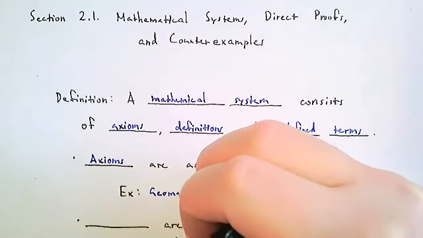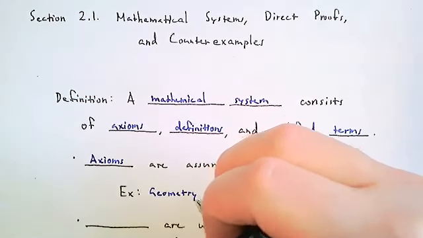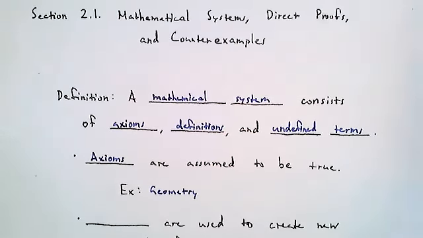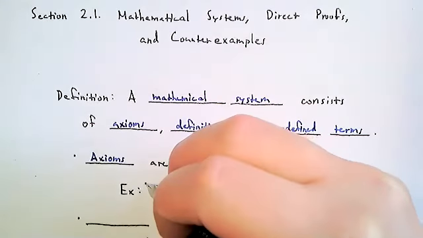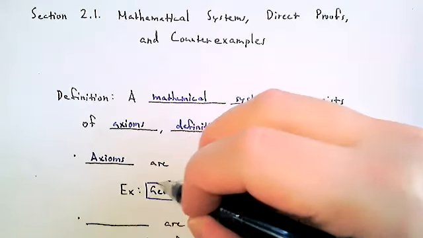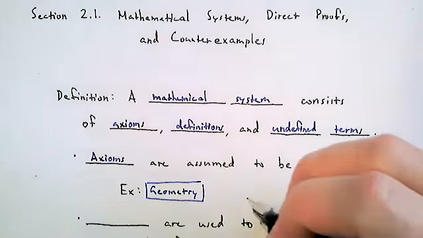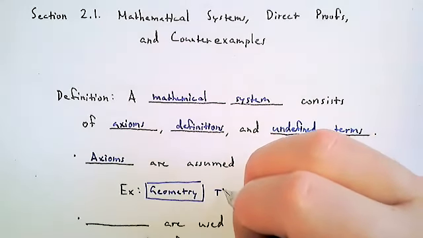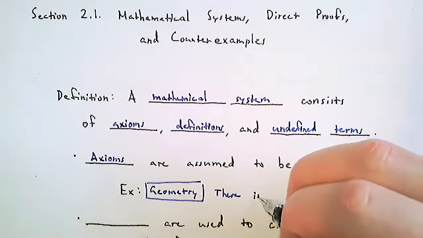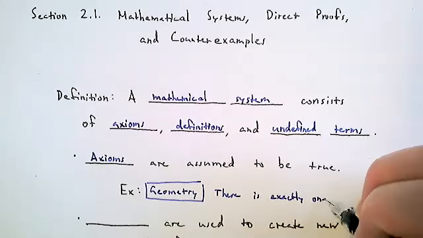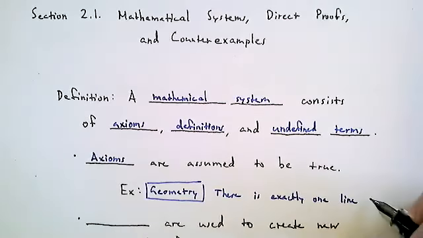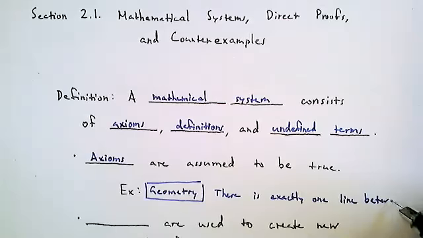And you might know other axioms from things like algebra or numbers. Let me just write out that axiom. There is exactly one line between any two distinct points.